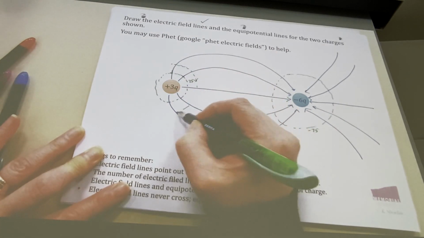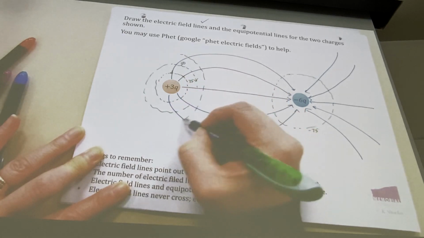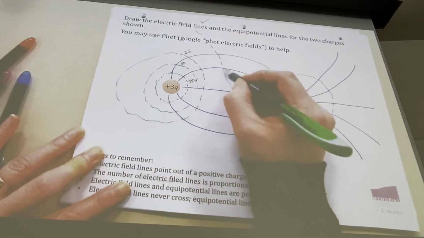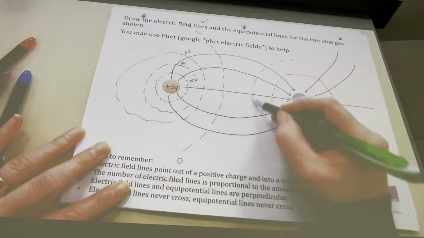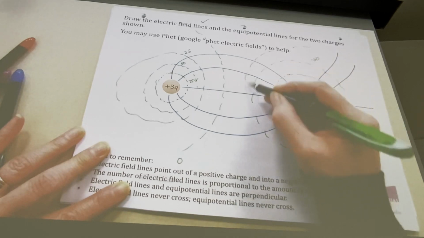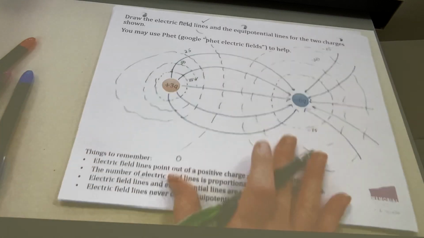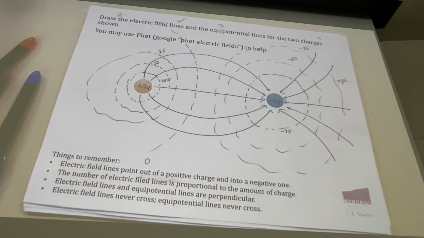And 50 was about here. 25 about here. 0 about here. So these are the equipotential lines. Okay, any questions about that?